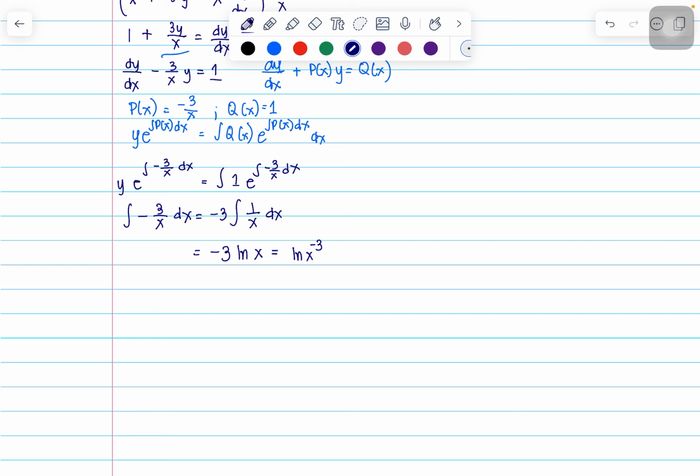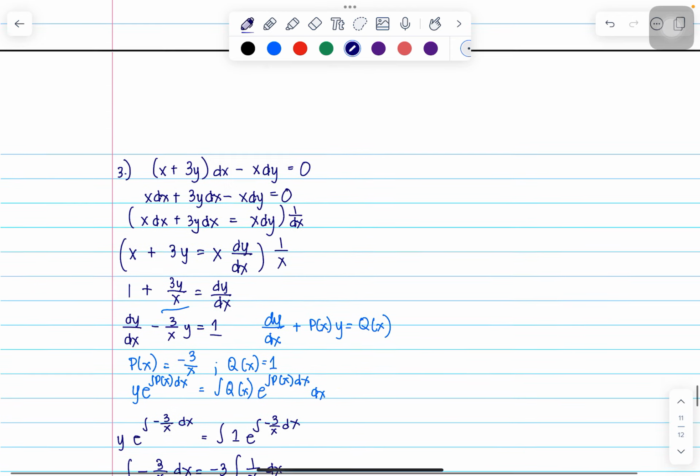Alright? Okay, substituting it back to the equation, we have y e to the ln x to the negative 3 is equal to the integral of, so that's times 1, so that's e to the ln x to the negative 3 dx. So you can cancel e and ln.